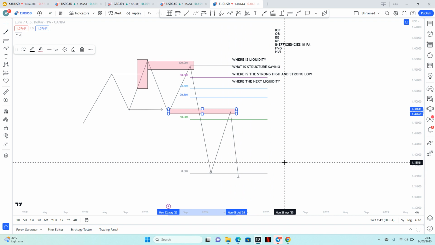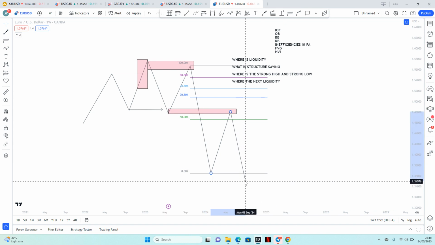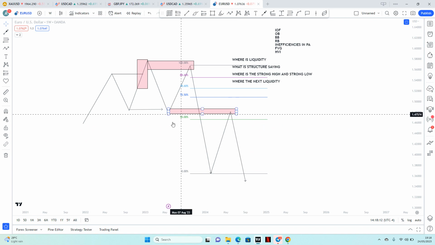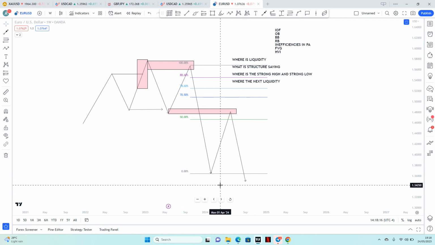I asked all of you to please study it, because this will be the next class. Notice how each of the zones that I marked as breaker block, BB, notice how the candle that broke through that zone before the retest was impulsive.